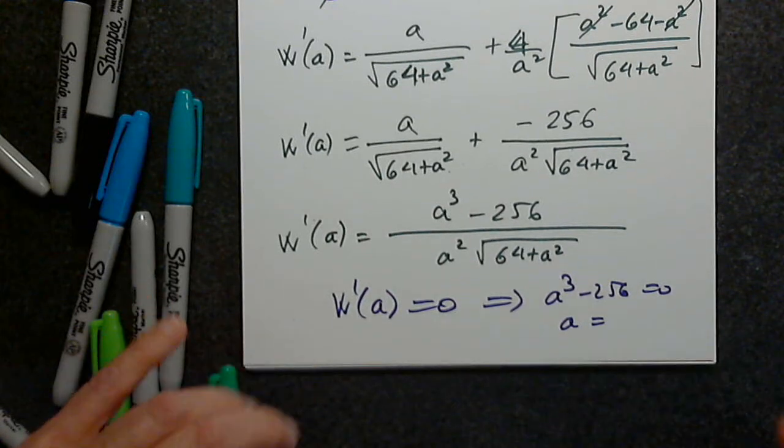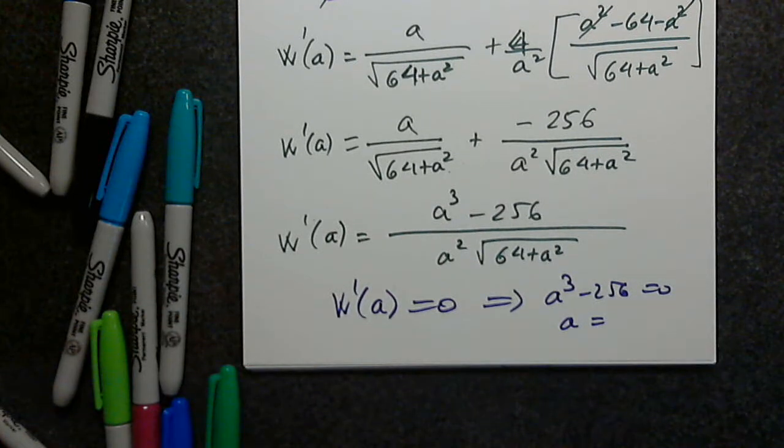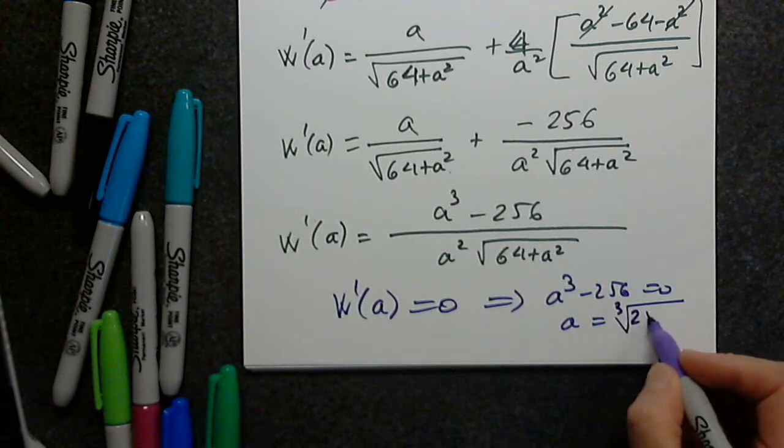So a, the cube root of 256, is it 6? Is it 6 to the third power, 250? No, it's 216. Okay, I'm just going to write the cube root of 256.